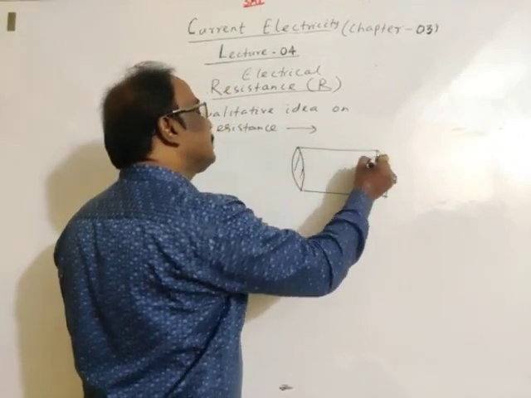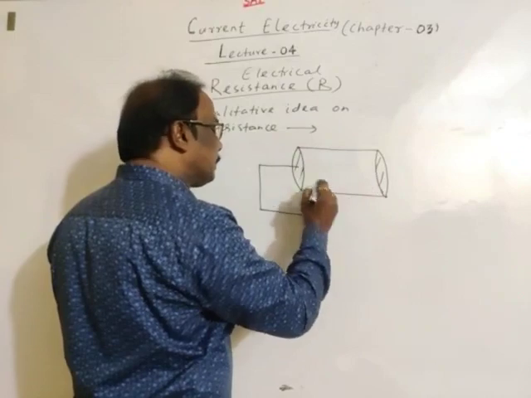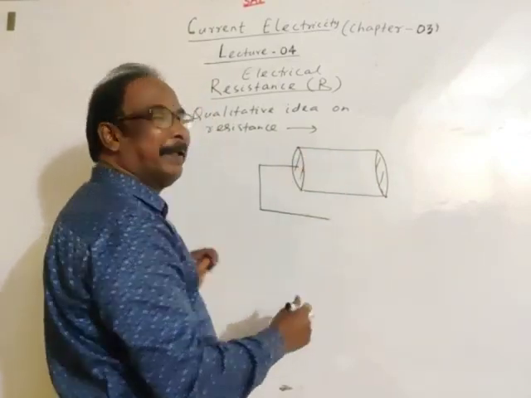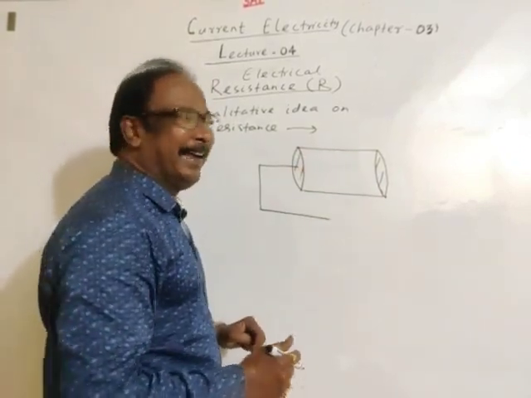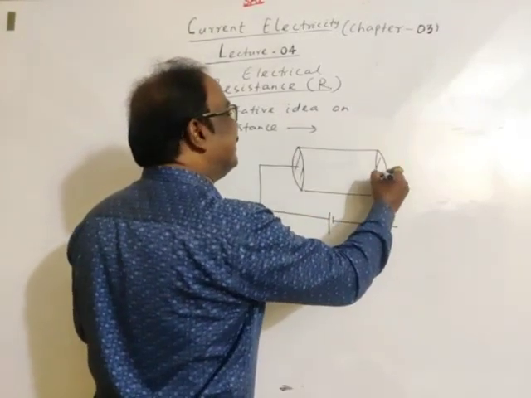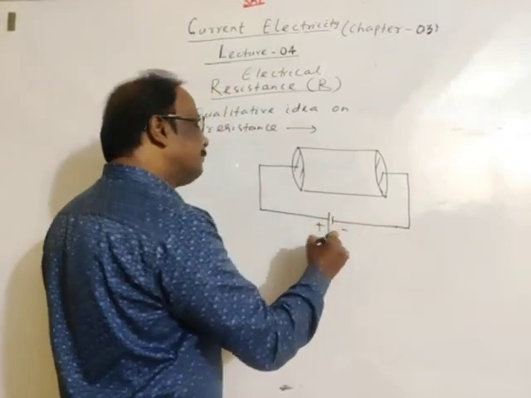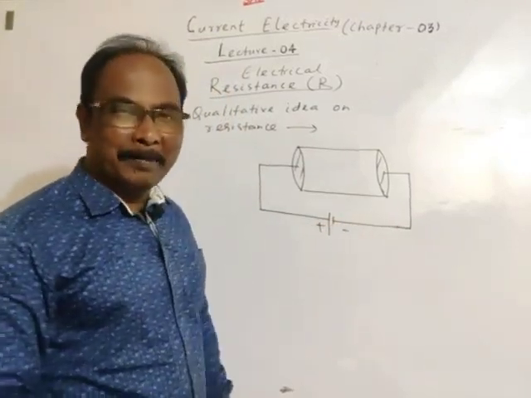These are the cross-sectional areas, and we are considering this highlighted part of the conductor only. This part of the conductor is connected between the terminals of a cell. This is the positive and this is the negative terminal of the cell.